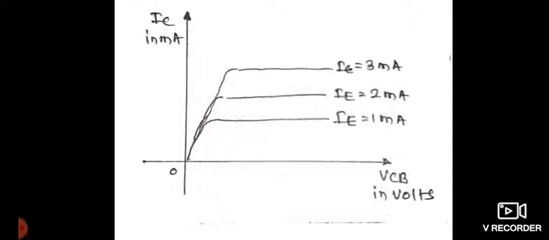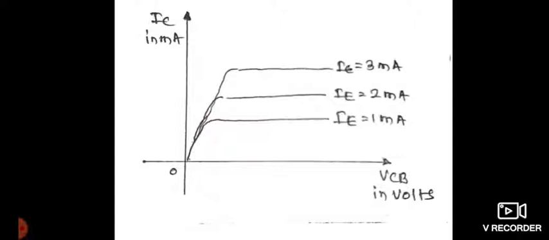This is because in the transistor the charge carriers emitted by the emitter are collected by the collector. If all the charge carriers emitted by the emitter are collected by the collector, then no more charge carriers are available, so collector current remains constant.